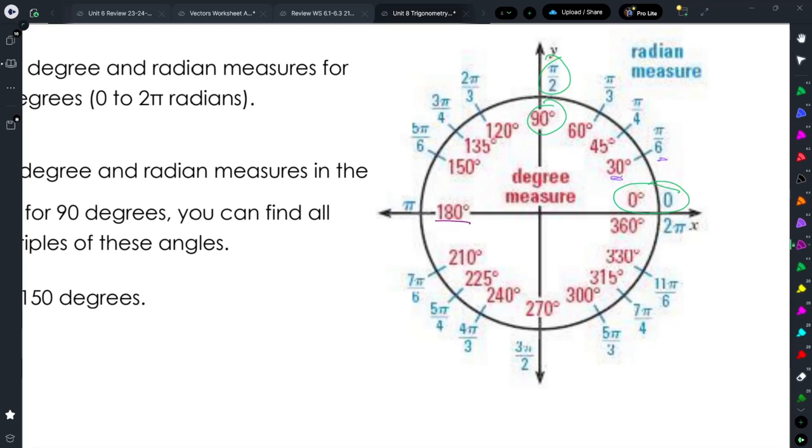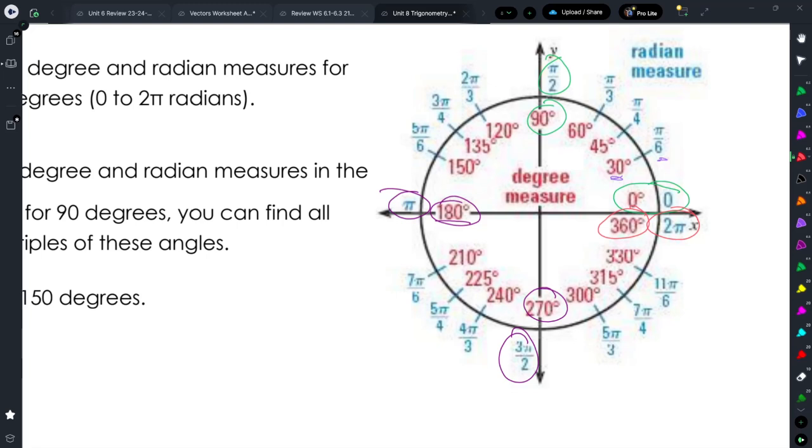Then we have 180 and pi. So half a circle is 180 degrees, which is pi radians. And then we have 270 degrees, which is equal to 3 pi over 2. And then finally, a full circle is 360 degrees, or 2 pi.